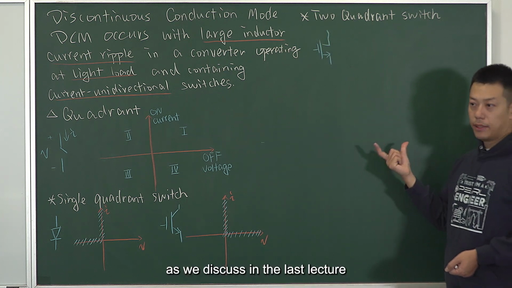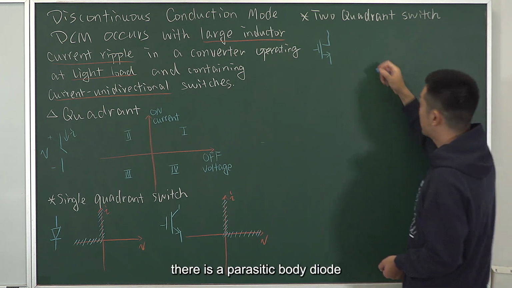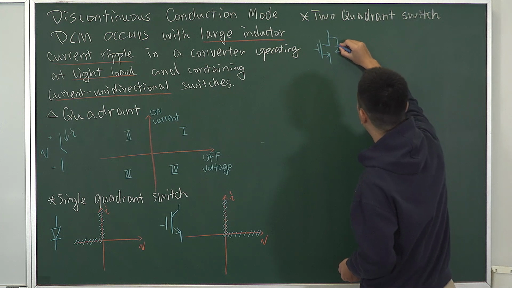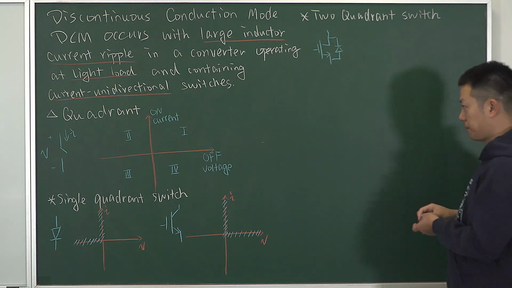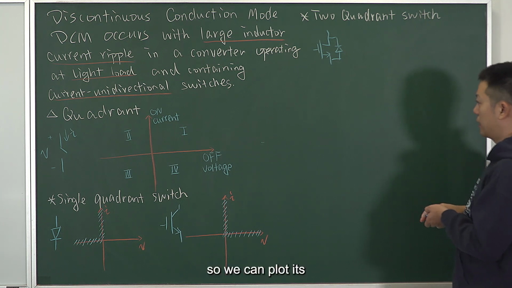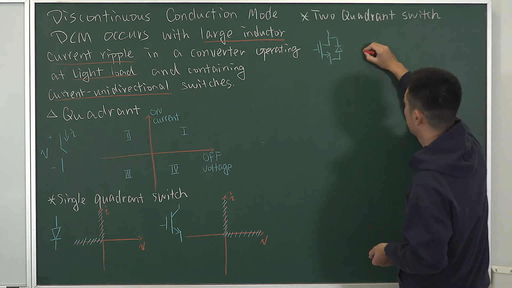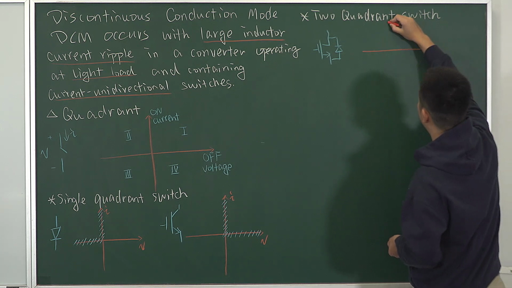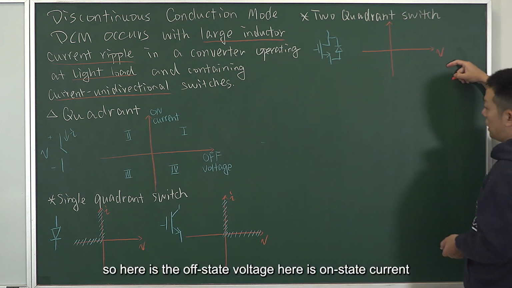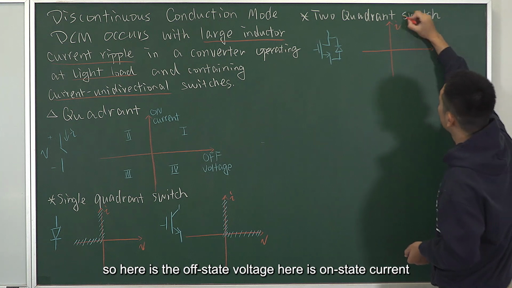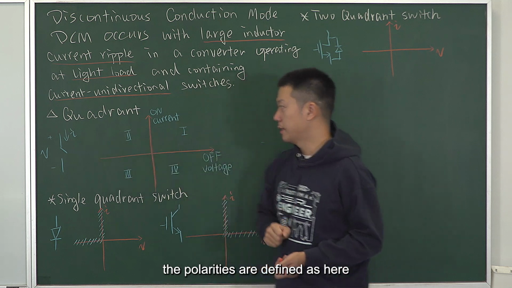As we discussed in the last lecture, there is a parasitic body diode in this power MOSFET. So we can plot its quadrant plane correspondingly. Here is the off-state voltage, here is the on-state current. The polarities are defined as here, right?